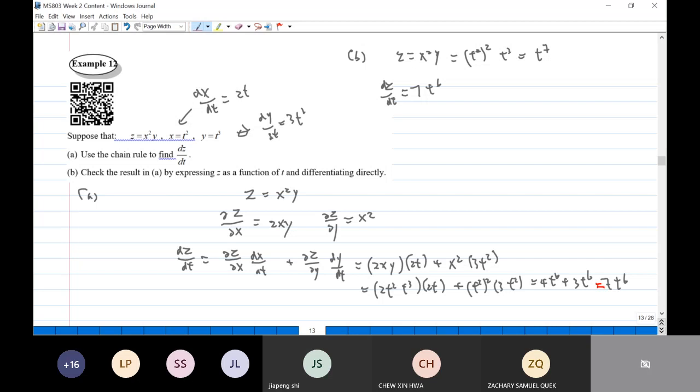Okay, so far so right? This is example 12, straightforward, no messy calculation.